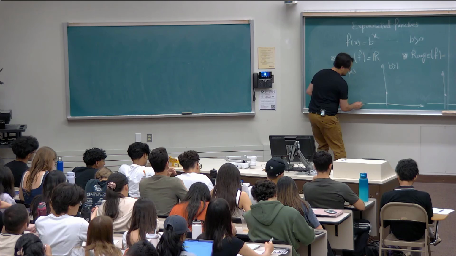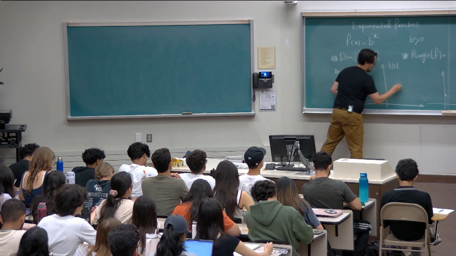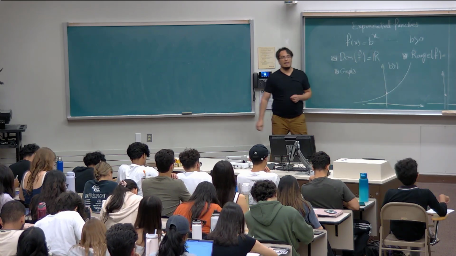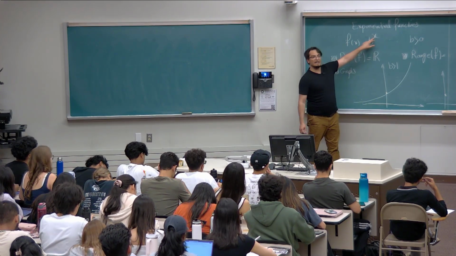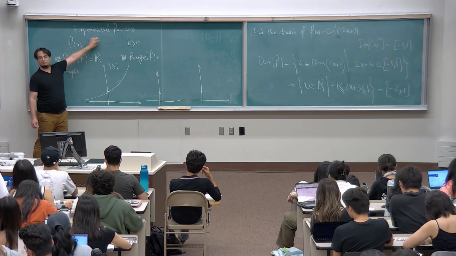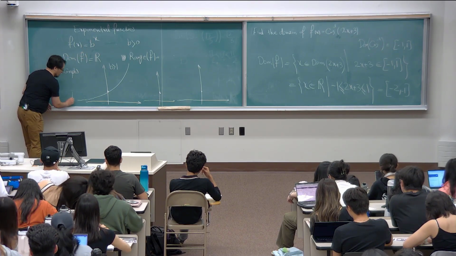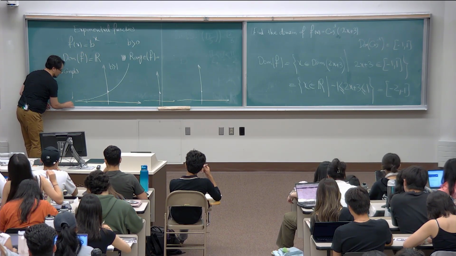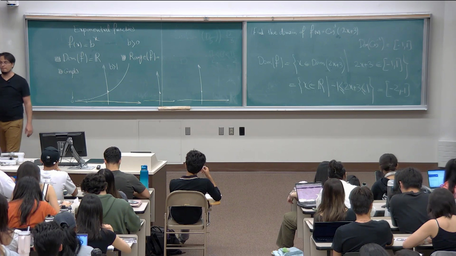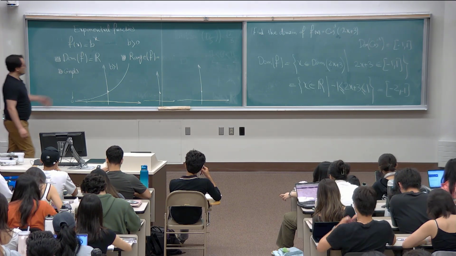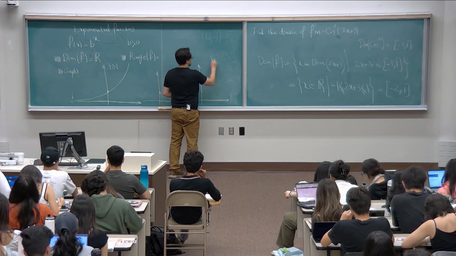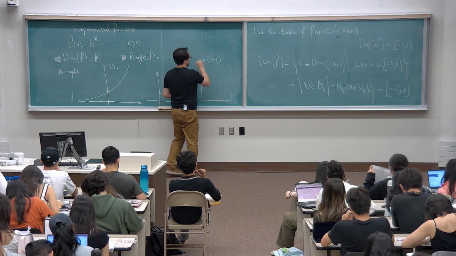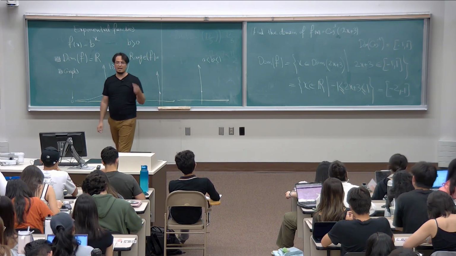This one is increasing. And as you make the negative number here bigger and bigger, you get closer and closer to 0. You never touch 0. When b is less than 1, well, obviously bigger than 0, for example, half.